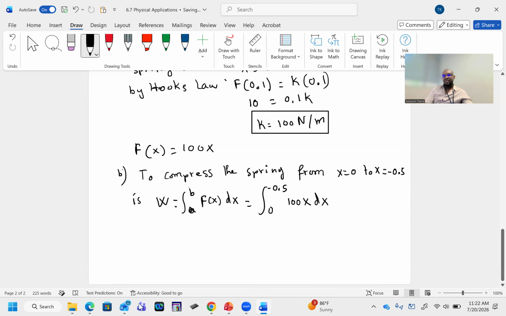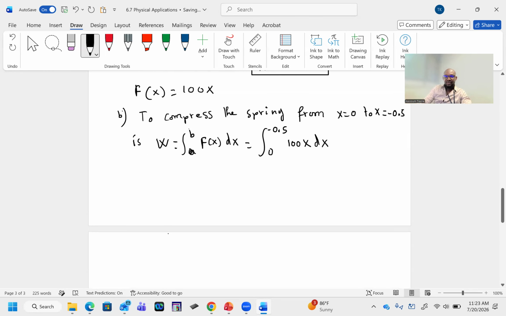Then now we will find the antiderivative of this, which would give me 50x squared from 0 to negative 0.5. And if I substitute, times 50 will give me 12.5.